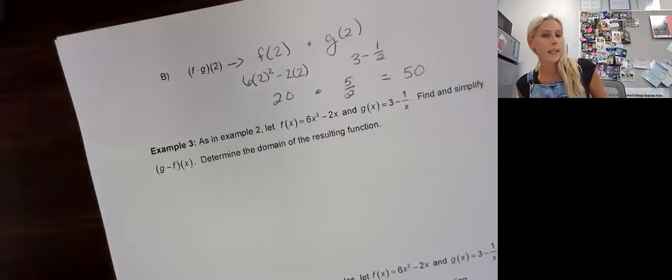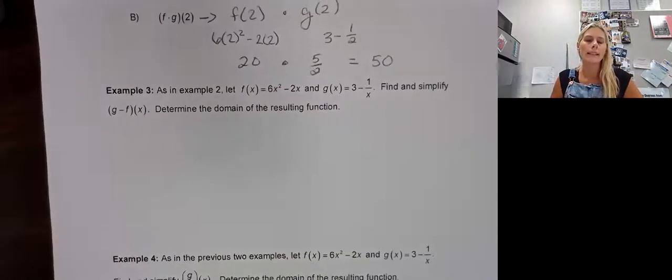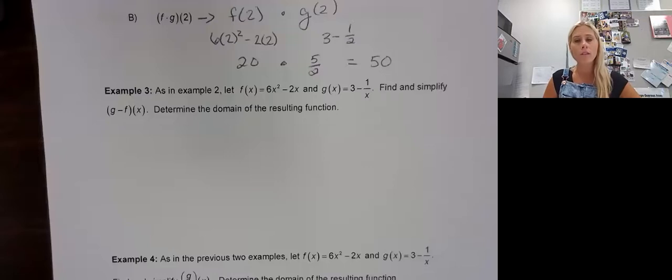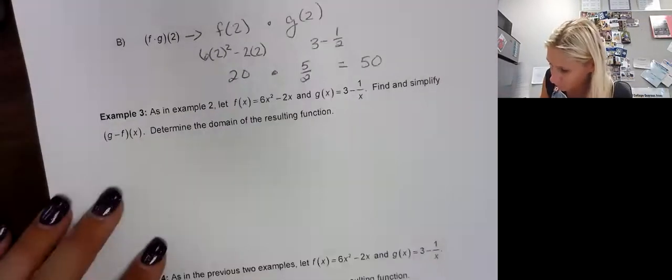All right, example 3 here. As in example 2, let f of x and g of x be the same as before, and find and simplify g minus f of x. Determine the resulting function. With subtraction, no matter what, be careful of the order, because as you can see, this is different than the other two we did, because g comes first.